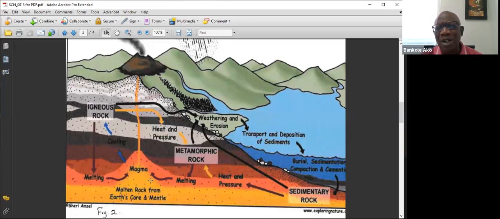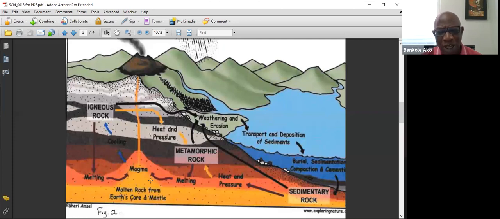Now, when we look at minerals, therefore, and we look at their varieties and the way they've been formed, we can group minerals into several groups and types. The first group I will want to mention is the metallic and semi-metallic group of minerals. Many of you are familiar with this type of minerals.